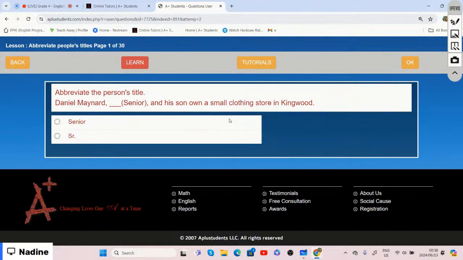And when we identify people's titles, especially here, it says Daniel Maynard, Senior, and his son owns a small clothing store in Kingwood. We need to abbreviate that title, right? Do we say senior as in the full word senior, or do we say SR period as an abbreviated word for senior?